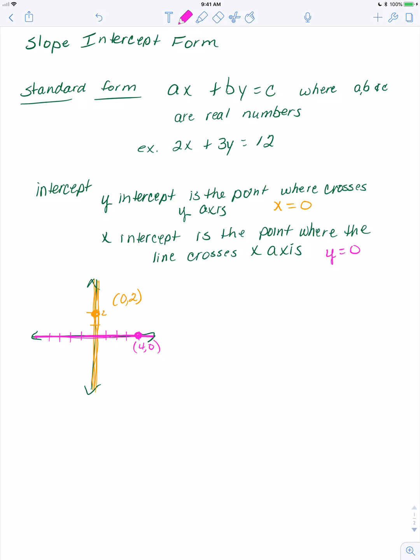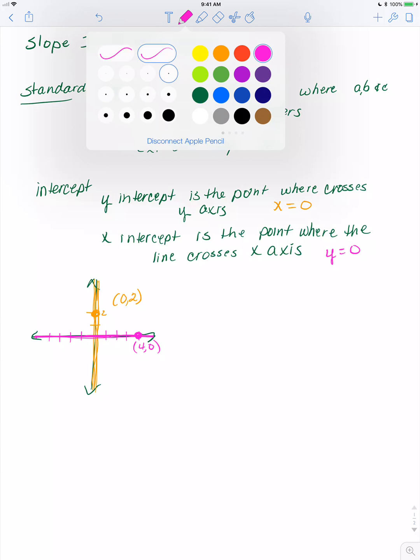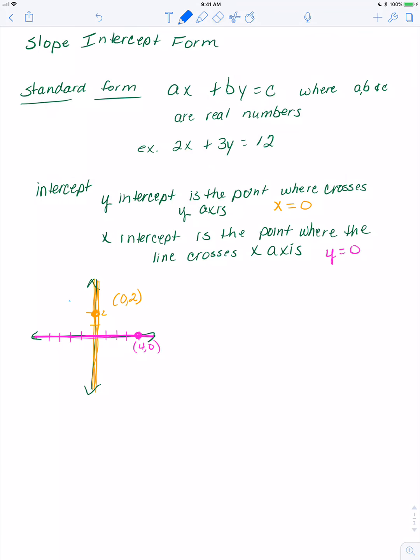Any point along the y-axis, x is equal to 0. So if we drew a line between those two, these 2 points would be the intercepts for that line. Okay, so it's really easy to figure out these intercepts, or compute them, if an equation is in standard form, and we're going to see how to do that.